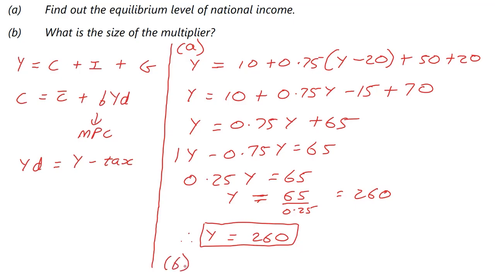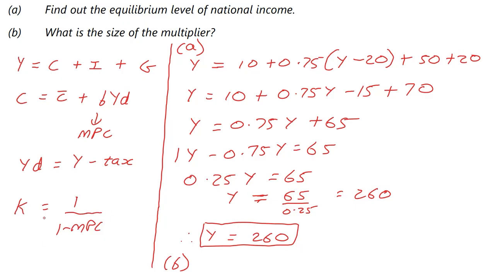I'm moving on to part B, where they've asked for the multiplier. Now, in the three sector model, the multiplier can be thought of as 1 upon 1 minus MPC, or plugging in all the leakages.